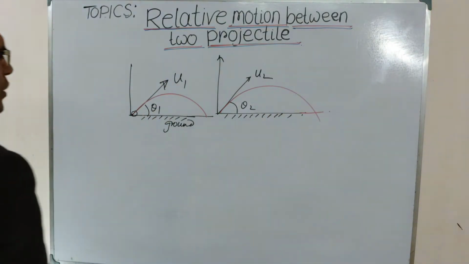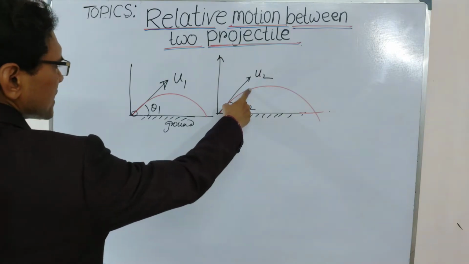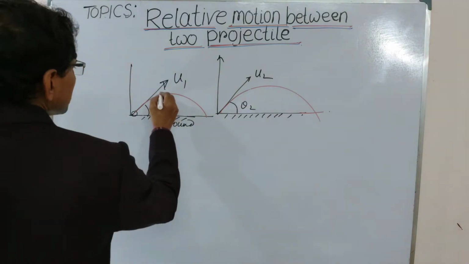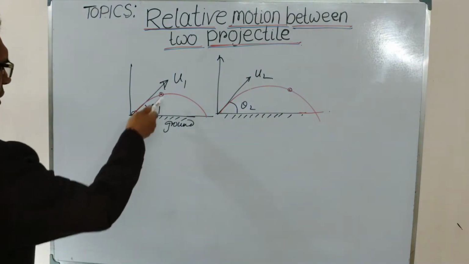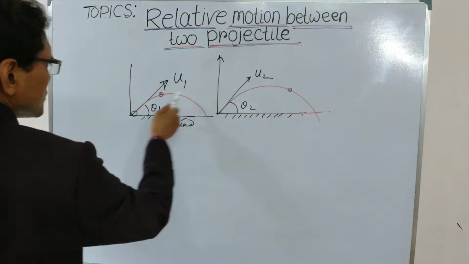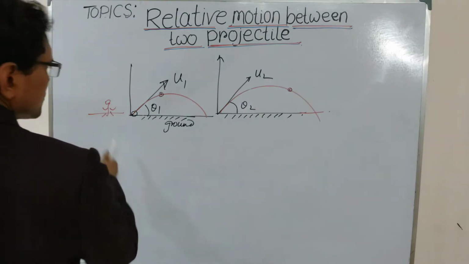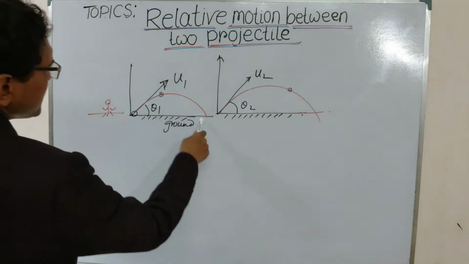Now when we observe one particle with respect to the other, suppose here a particle is present and here a particle is present. When we observe this particle with respect to this, what will be the path of the projectile? If we observe both particles from the ground, the paths will be these.